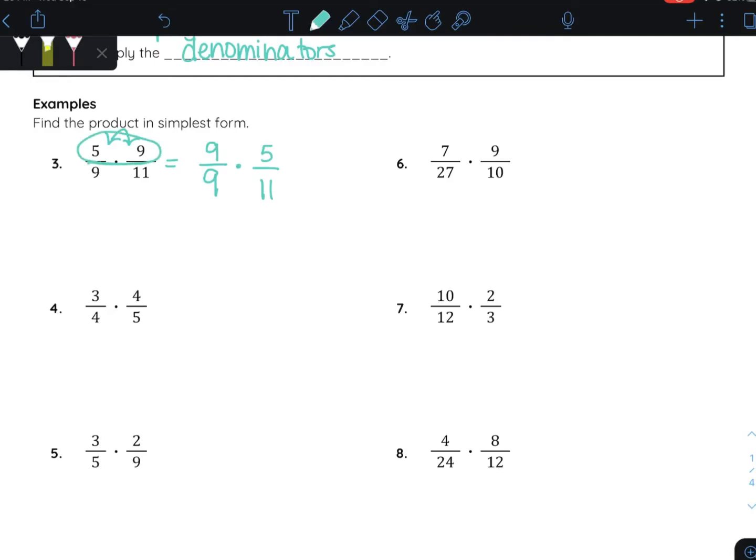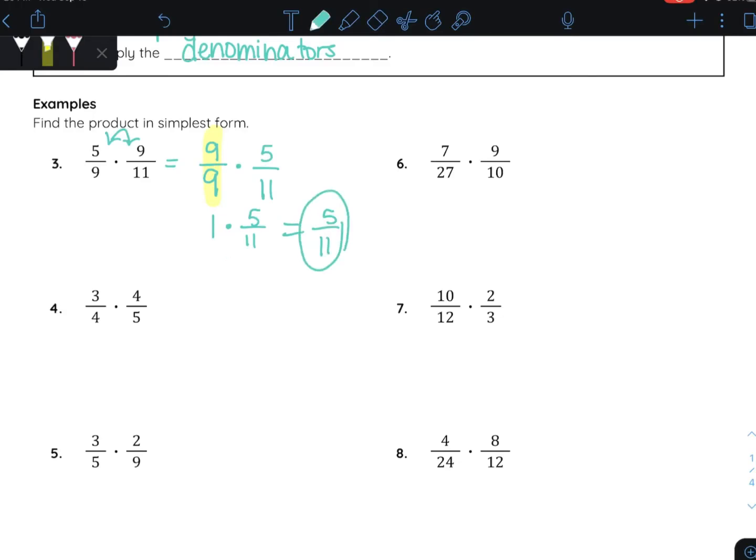Well, we're just multiplying these two, so it doesn't matter what order they're in. But now we see something super cool here. This is just a 1. So this is literally 1 times 5/11, or 5/11. Put it over here. And that's your final answer.